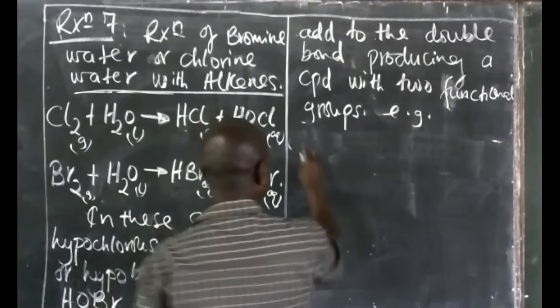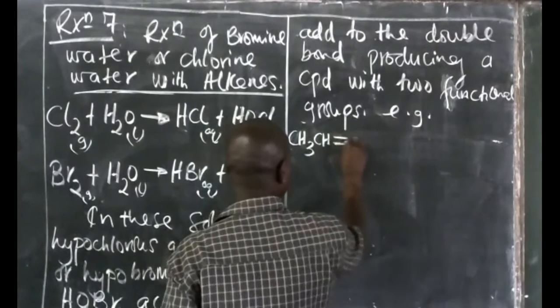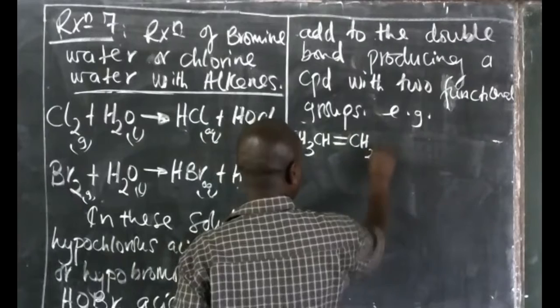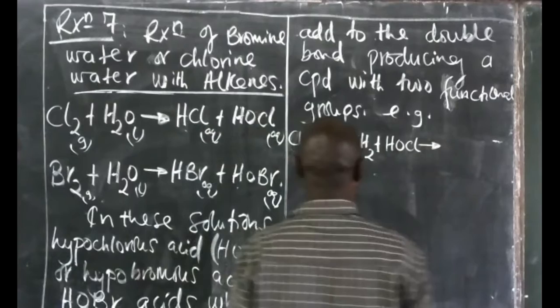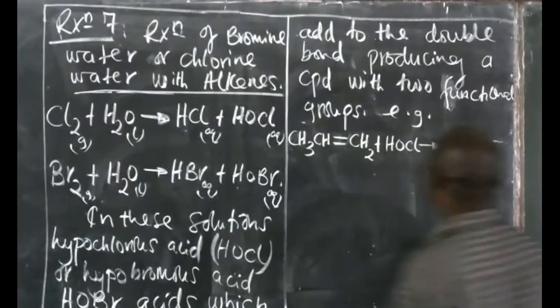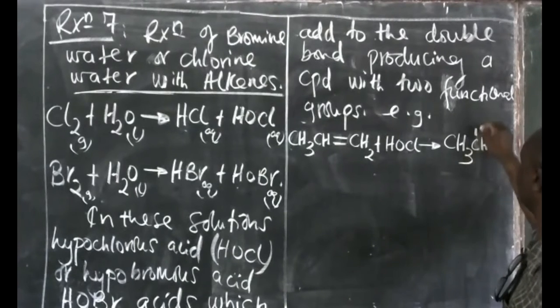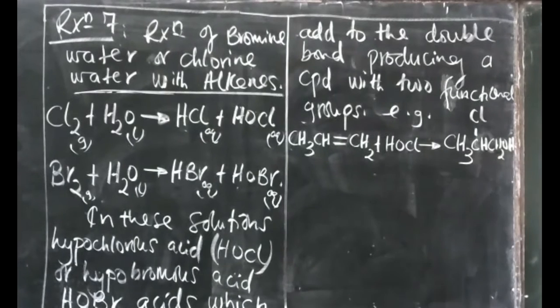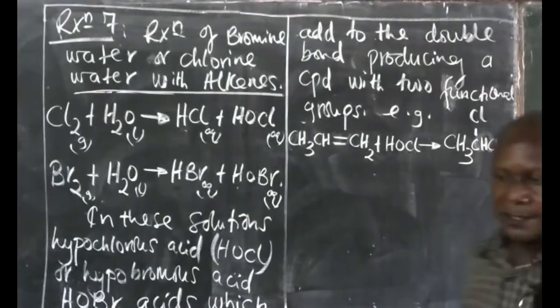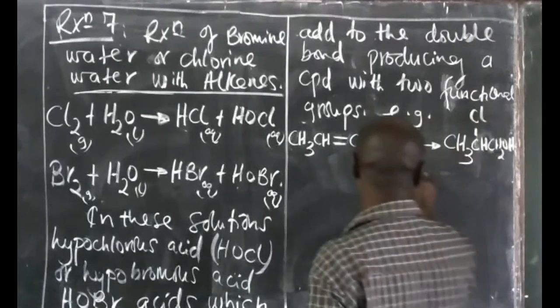And we are saying that e.g., if we have CH3, CH, double bond, CH2 plus HOCl, we get our product being CH3, CH, Cl, CH2, OH, and this compound here is going to be.